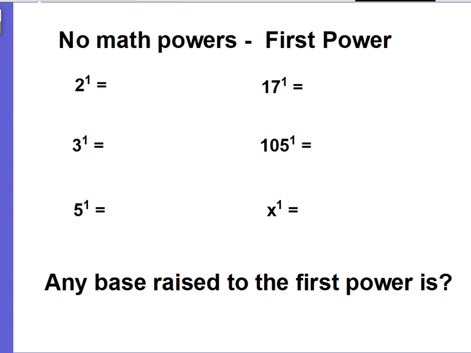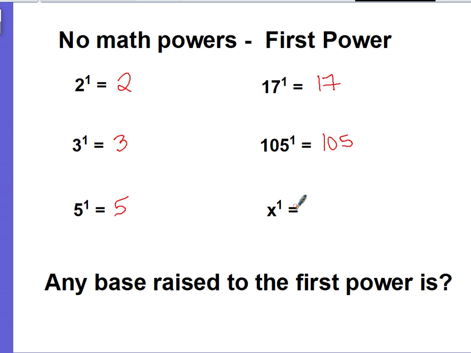Well, you really just realize that since 2 to the first power means that 2 is only used 1 time, you just write 2 once. So 3 to the first power is 3. 5 to the first power is 5. 17 to the first power is 17. 105 to the first power is 105.